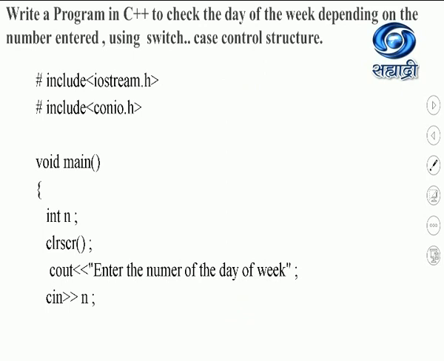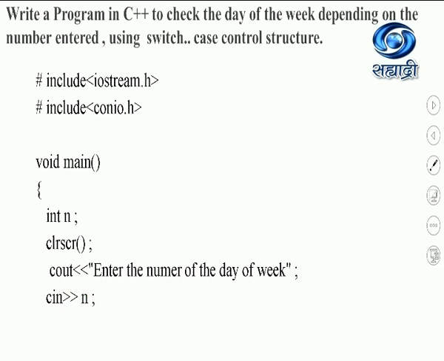Next program. Write a program in C++ to check the day of the week depending upon the number entered using switch case, where they've asked us that we have to use switch case. What is expected is if I enter say 7, it should give me the corresponding day in the week. So I've taken an integer to read that number.